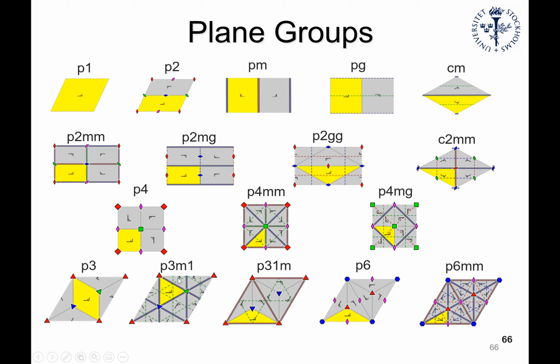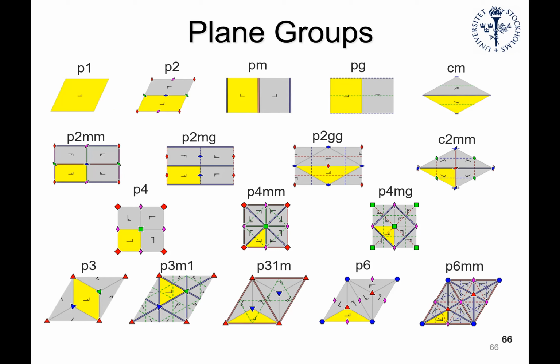Now in P3M1, you don't have mirror planes going around the edge of the unit cell, and you don't have that mirror plane along the short diagonal anymore. Now you have a mirror plane going along the long diagonal, and also in all of these other directions. So the difference between these two plane groups is just the relative positions of the symmetry elements.